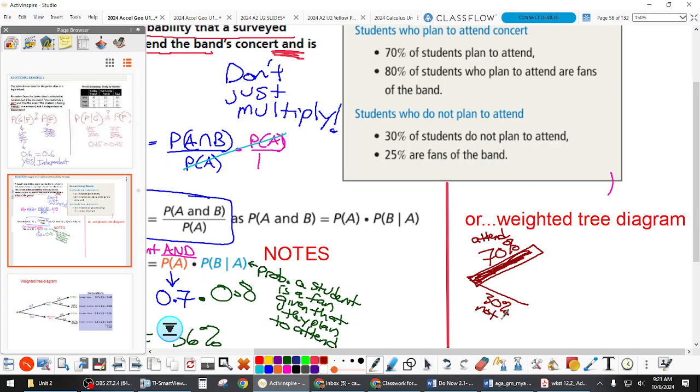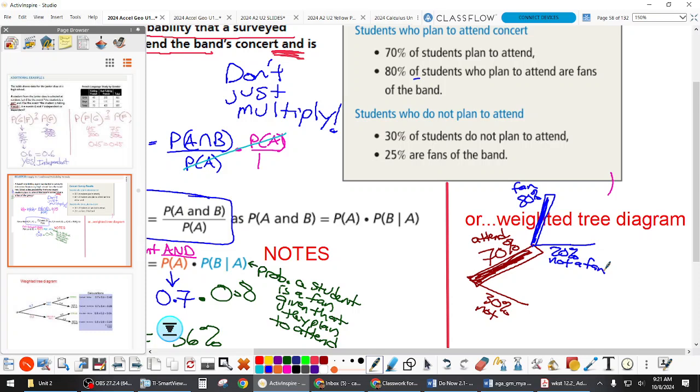Off of each of those, we have fan or not a fan. So if they're attending, we have 80% fan and 20% not a fan. Okay?